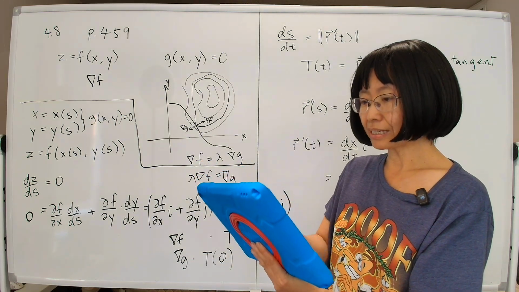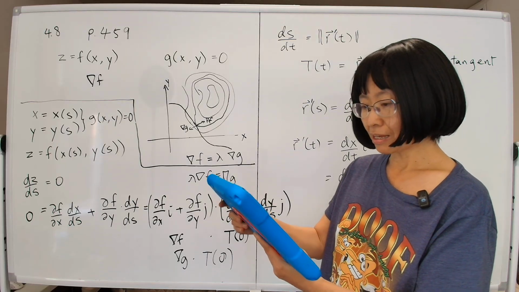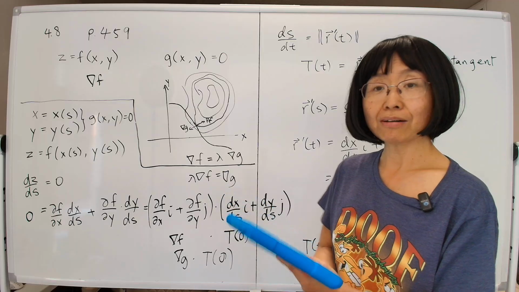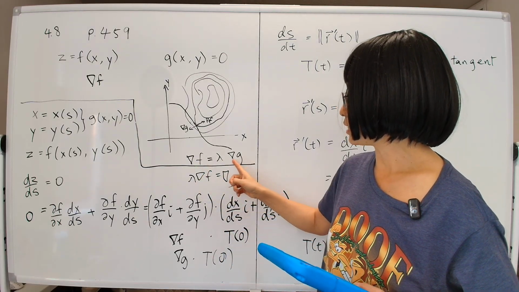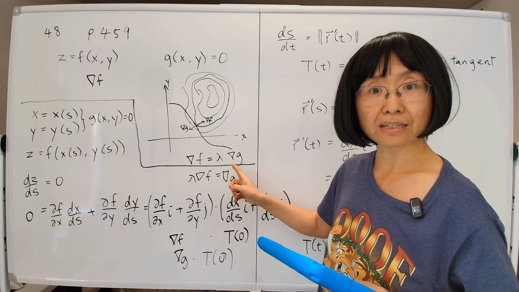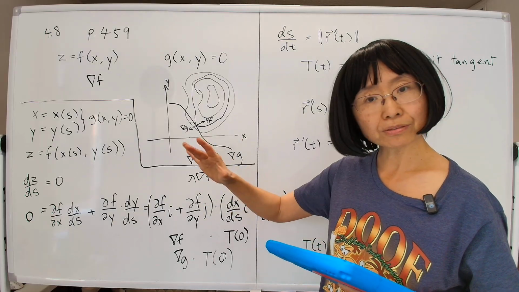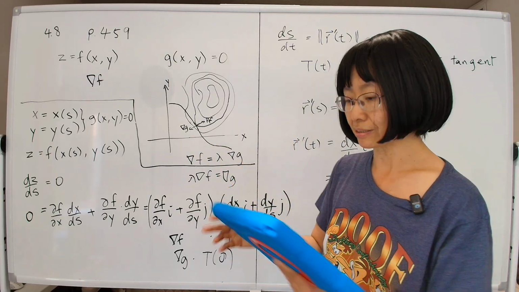So let's look at the next page. We're now on page 460, where there's a problem-solving strategy to summarize how to actually use this. Now remember, when you say this, you have two vectors here. When two vectors are the same, that means their x components are the same and their y components are the same, which gives you two equations.